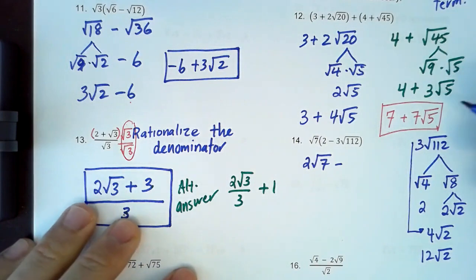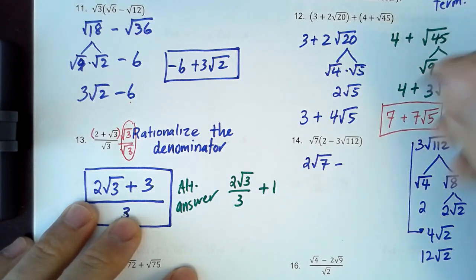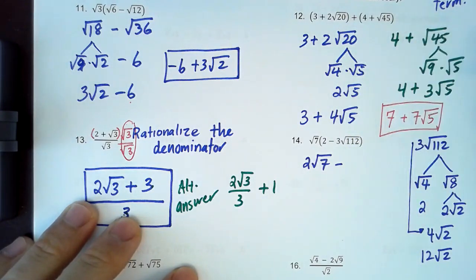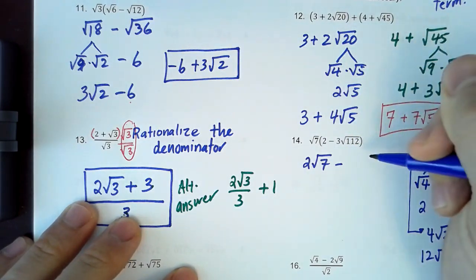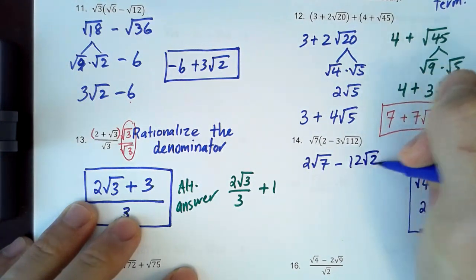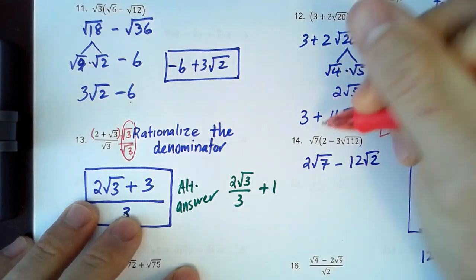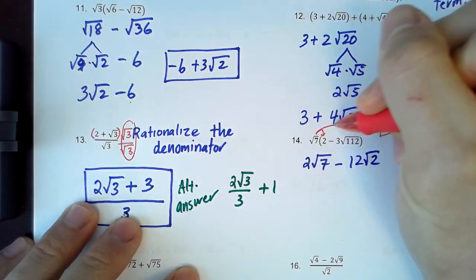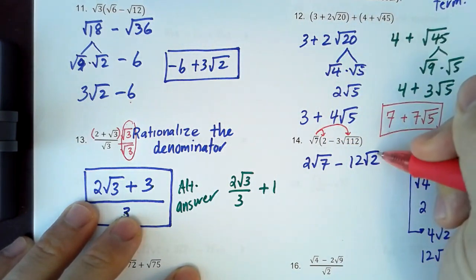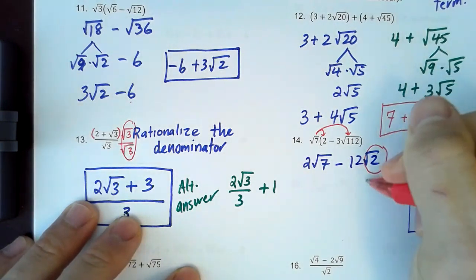Okay, that's okay though. So 3 radical 112 is actually 12 root 2. But I realized that I already distributed the radical 7 here. So now I have to distribute the radical 7 here. So basically, I have to multiply that number by a radical 7.